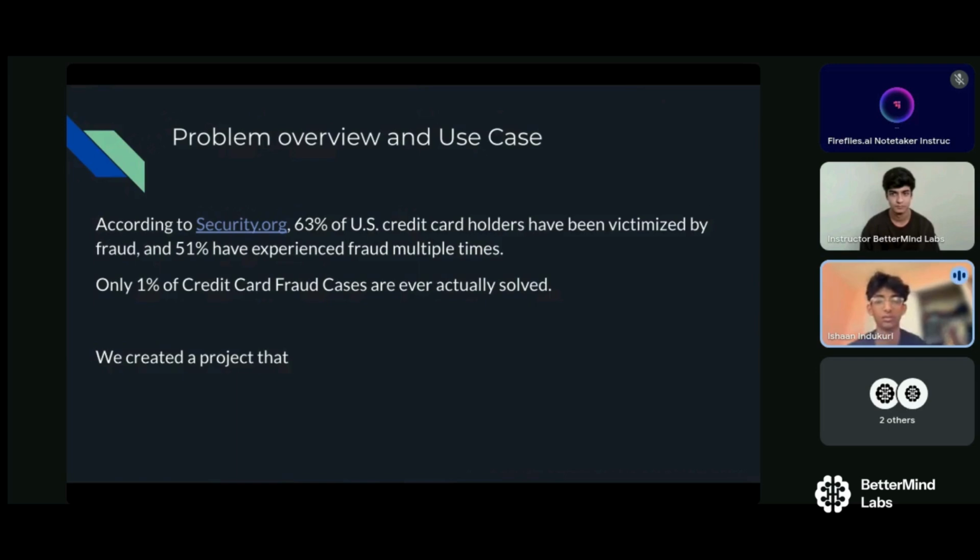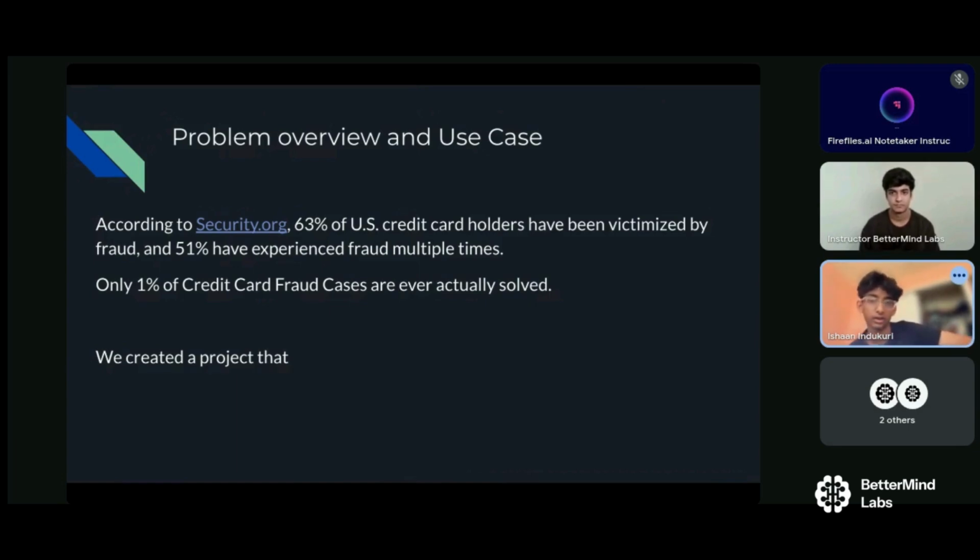I don't think my edits have been saved, but what we did is we created a project that helps determine if a transaction is actually fraud, and not just that, but we use a variety of different input factors to give a probability instead of just a binary yes or no.